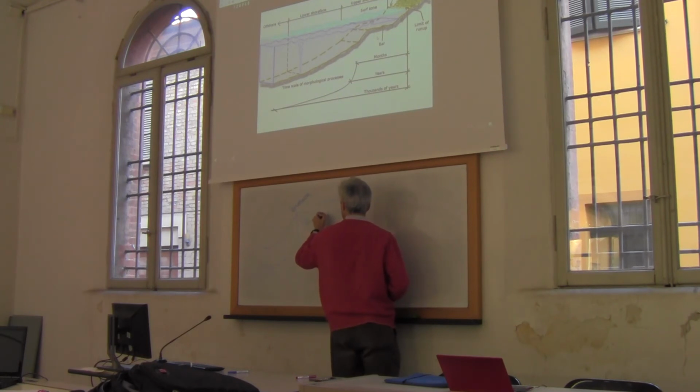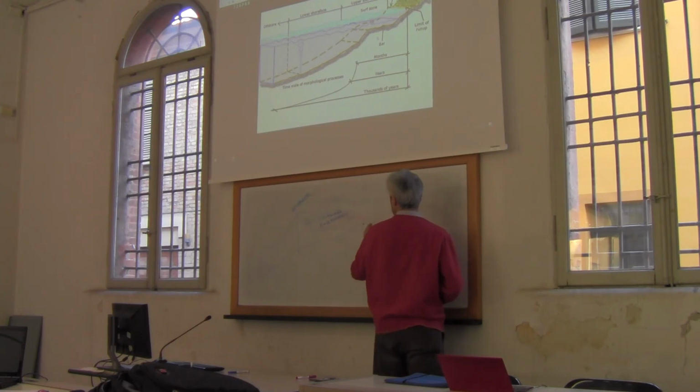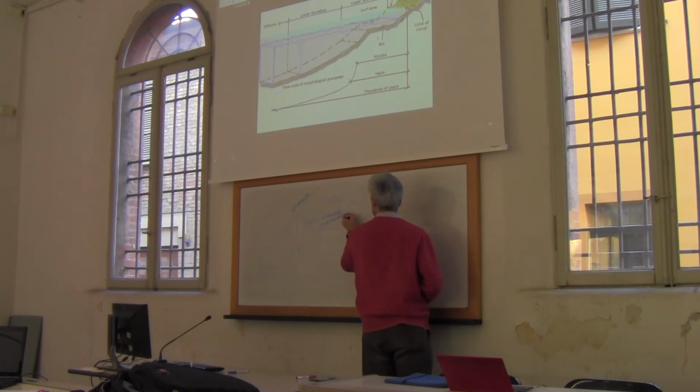Turbulence. Mass movement. Okay, and then here we have the limit of run-up. This is how it's called, the limit of run-up.